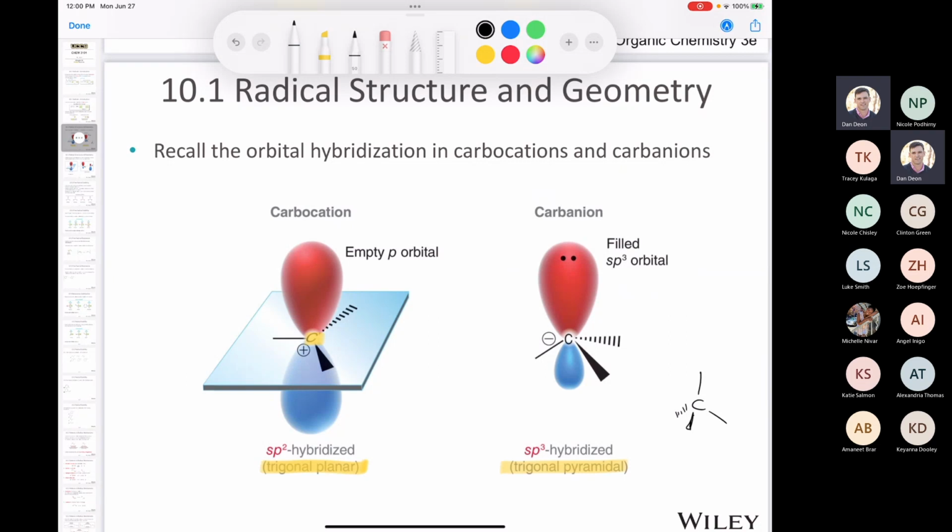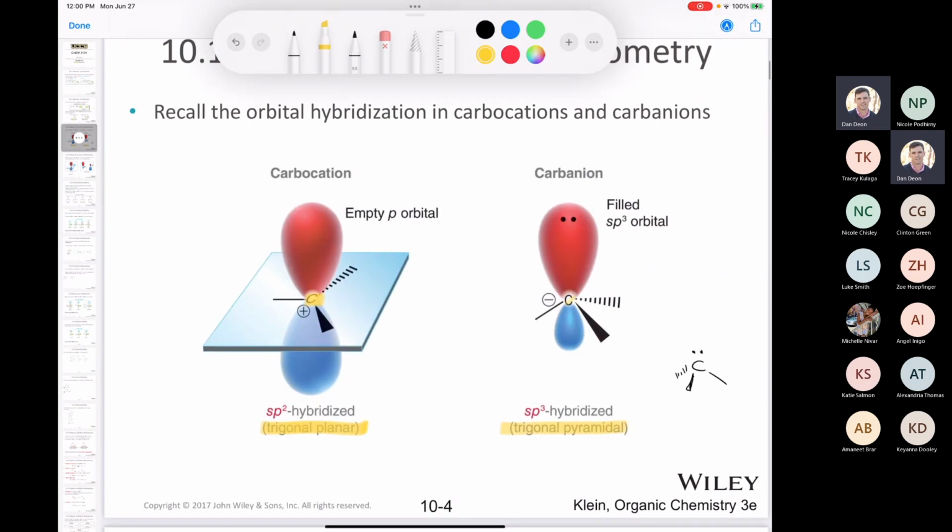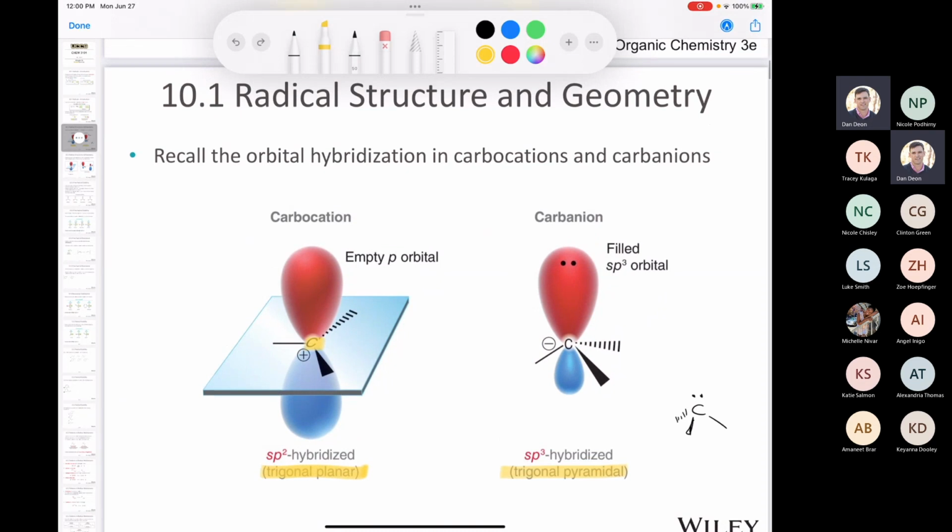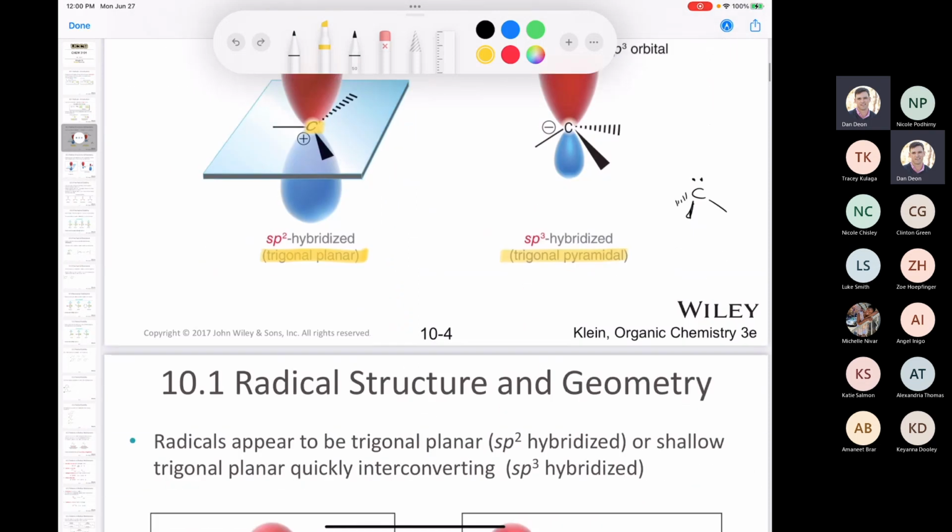Well, you'd say that's tetrahedral, but if you replace one of those with a lone pair, remember that molecular geometry only considers bonds. So we're only considering the carbon being bound to 3 things, and therefore it is trigonal pyramidal. And if you're saying, why are you spending so much time talking about carbocations and carbanions, I already know both of these? Well, think about it. A radical is somewhere kind of in between the two, right? Because you've only got one electron. Okay, so let's see what it looks like.